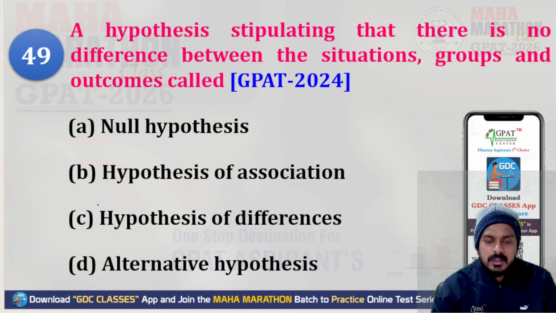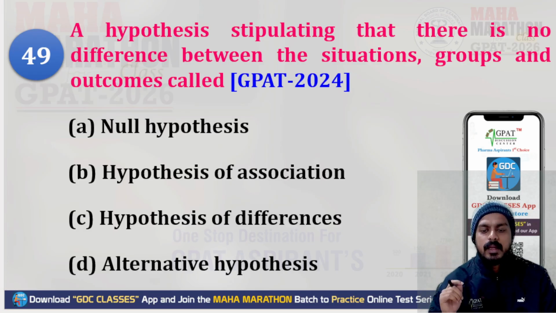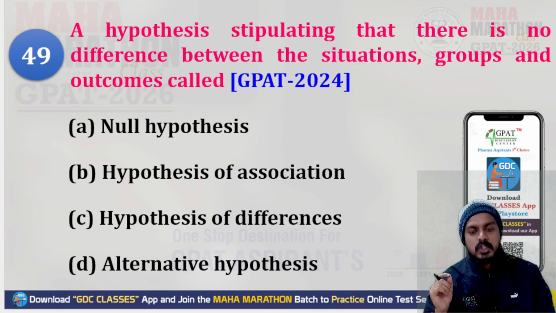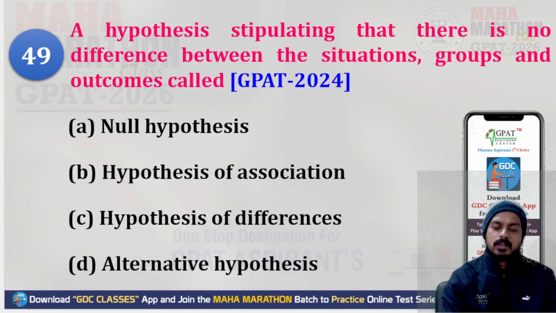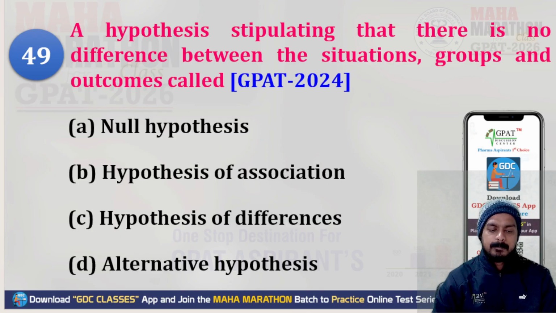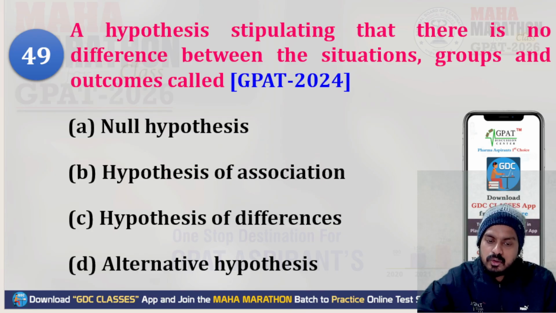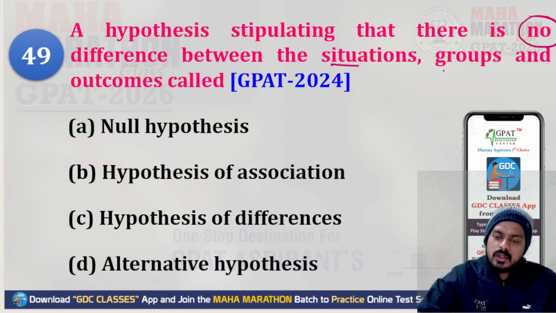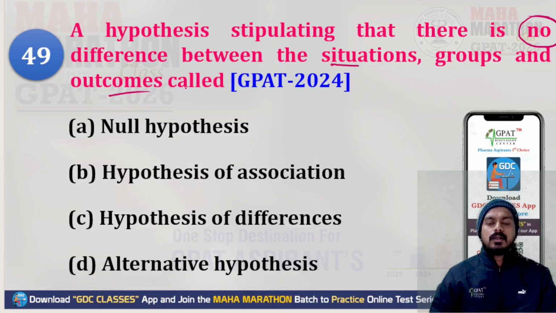Okay. Next question. A hypothesis stipulating that there is no difference between the situation, groups, and outcome is called as: null hypothesis, hypothesis of association, hypothesis of difference, or alternative hypothesis.